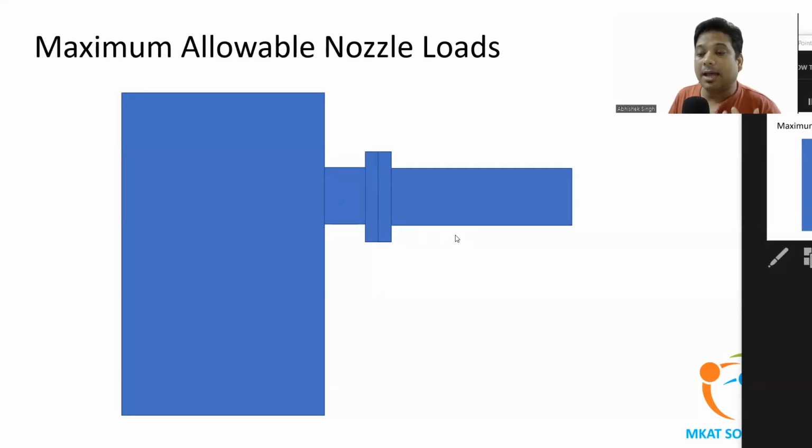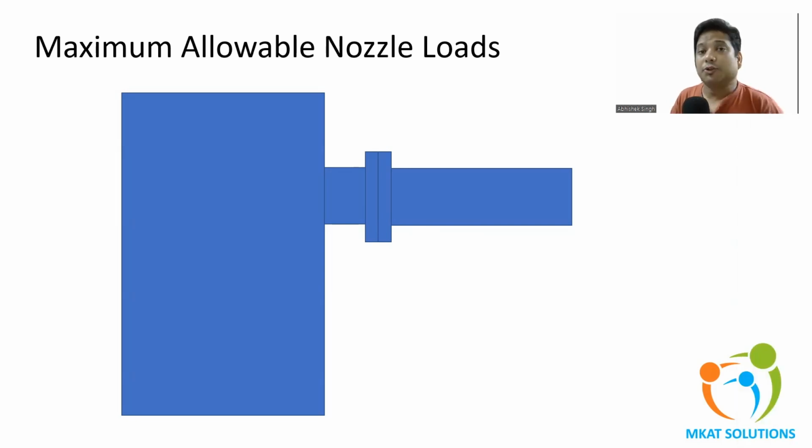Depending upon the configuration of how that pipe is attached, the final nozzle load will be derived from that. So the procedure should be such that when all the piping layout is done in the plant, finally the stress analysis of the pipe will be performed, depending upon how the pipe is supported, what is the length of pipe, what is the thermal expansion, whether bellows are provided or not.